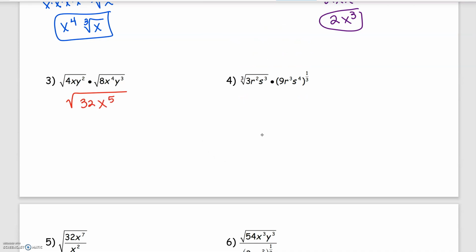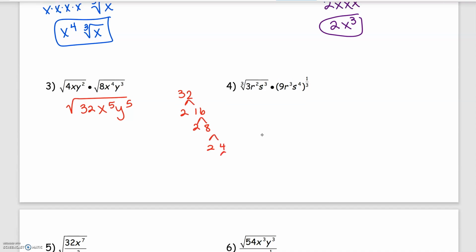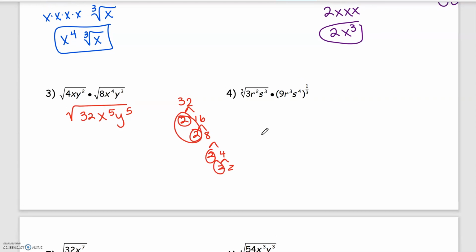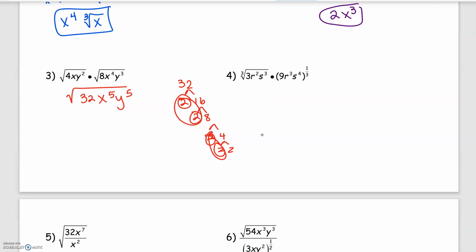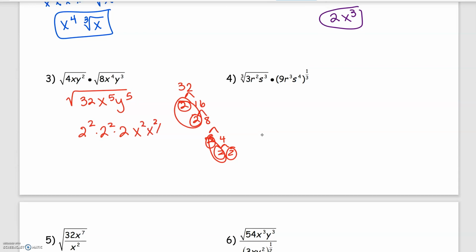So 32x to the 5th, y to the 5th, and then 32 can get broken down. 2 times 16, 2 and 8, and then 2 and 4, and then 2 and 2, and so we have 1, 2, there's a pair, 1, 2, there's a pair, and then 1 left over, and so we have 2 squared times 2 squared times 2, and then we have x squared, and an x to make 5, and same thing with our y's, y squared, y, all underneath, and so a 2 comes out.